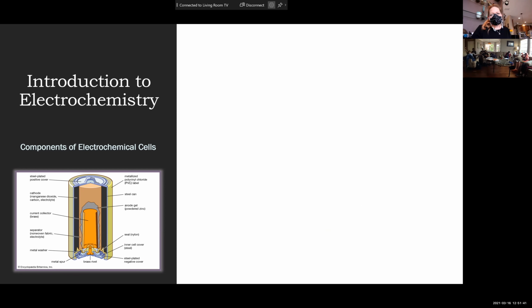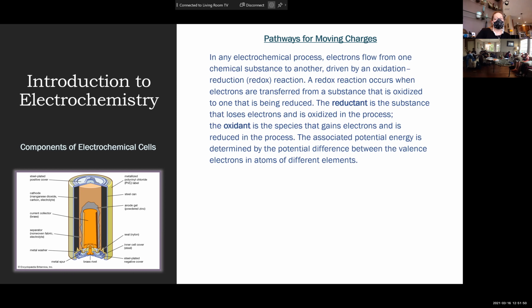So, you've got pathways for moving charges. What does that mean? In any electrochemical process, electrons flow from one chemical substance to another, driven by an oxidation-reduction reaction. A redox reaction occurs when electrons are transferred from a substance that is oxidized to one that's being reduced.